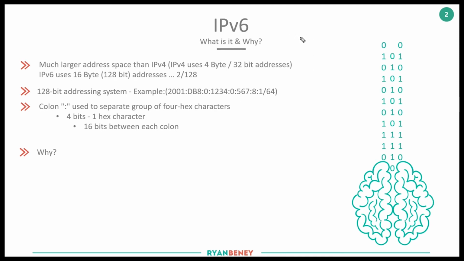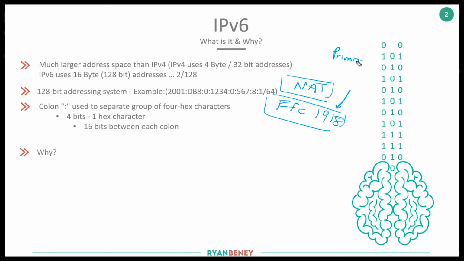Because of that, we use features we've already learned throughout the course, like NAT, and we also use addresses in the RFC 1918 space. These are the private IP ranges. Remember we talked about those: the 10 dot, the 172.16, and of course the 192.168.